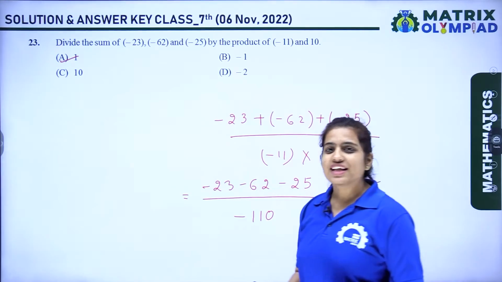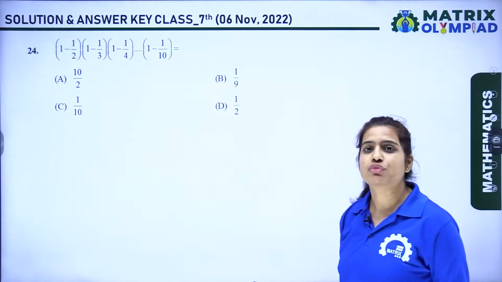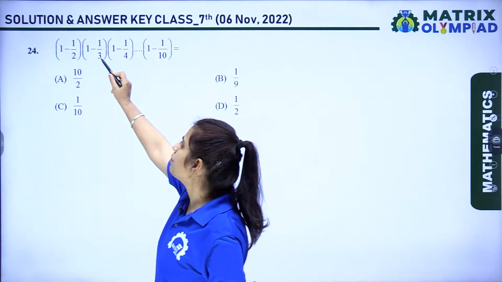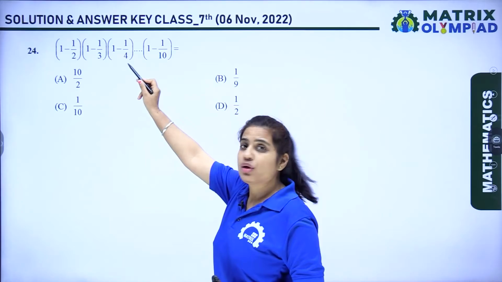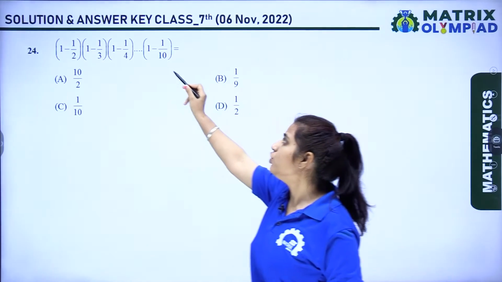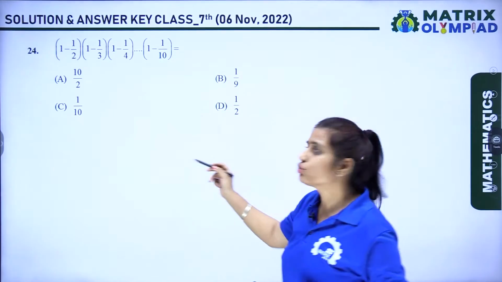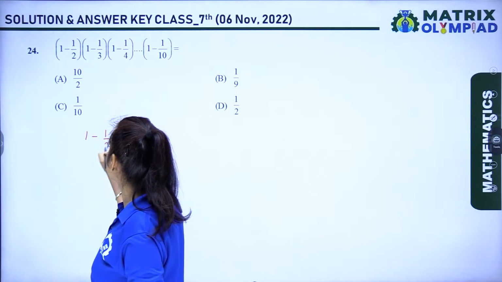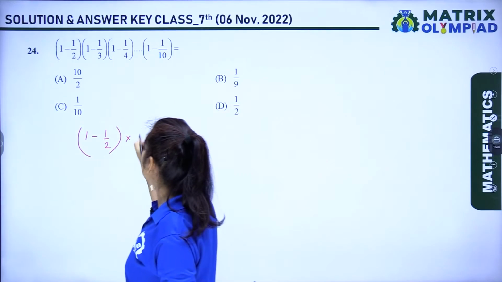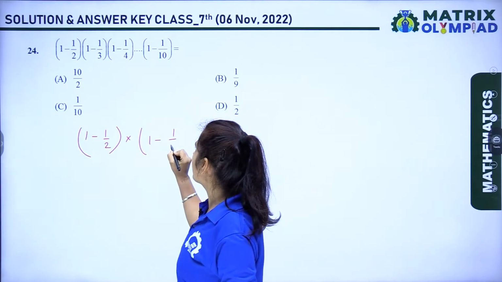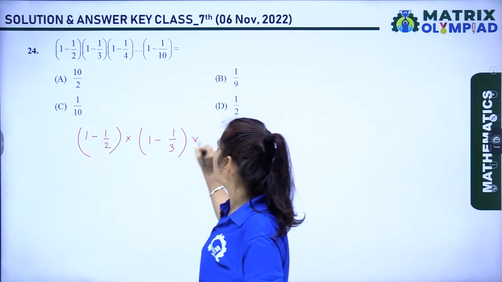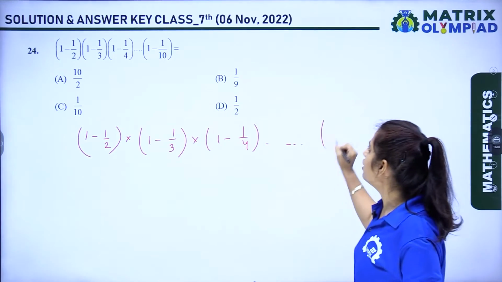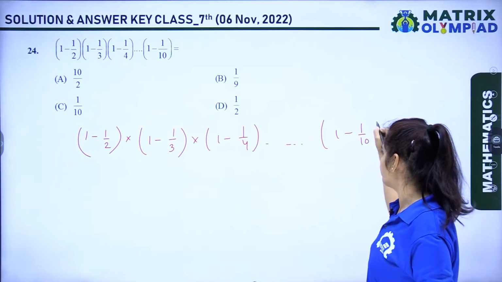Now let's begin with the next question. Question number 24. Now in this question we have 1 minus 1 upon 2 multiplied by 1 minus 1 upon 3 multiplied by 1 minus 1 upon 4 and so on till 1 minus 1 upon 10.